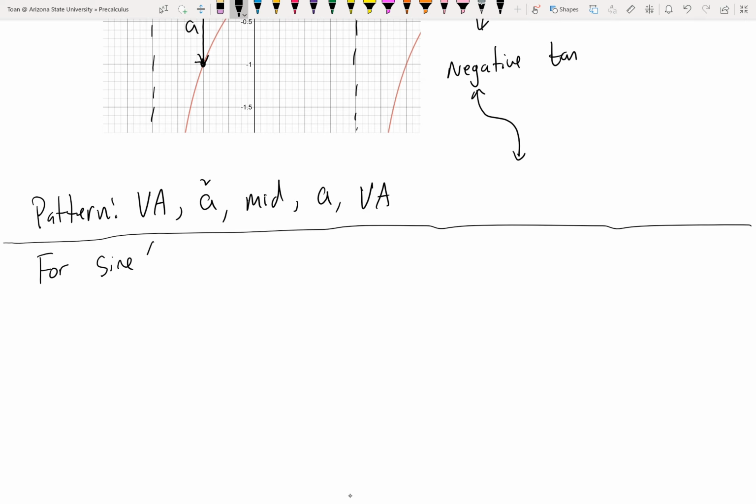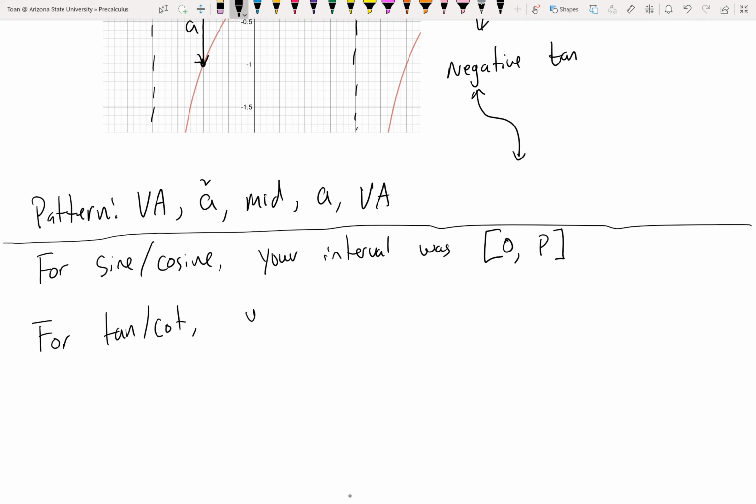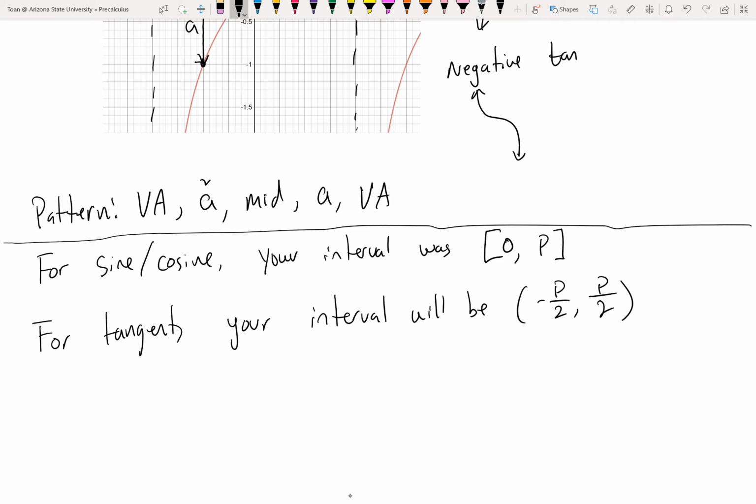For sine and cosine, your interval was 0 to whatever your period is. For tangent, and by extension cotangent, actually cotangent's different. For tangent, your interval will be negative whatever your period is over 2, comma, whatever your period is over 2.